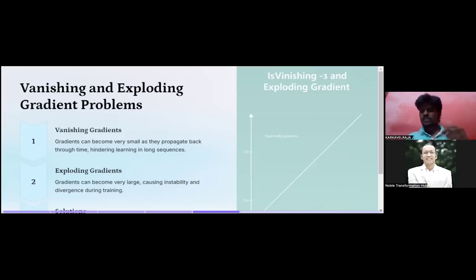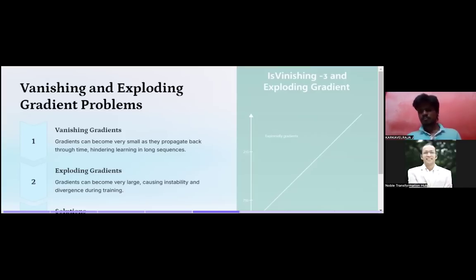Now we have moved on to RNN, which is the base for the buzzword ChatGPT. Please make sure you understand these concepts. There's a black box behind ChatGPT, so let us understand this.